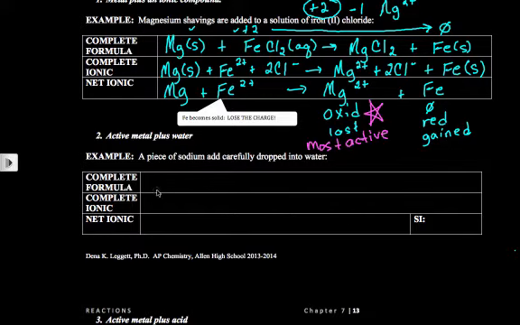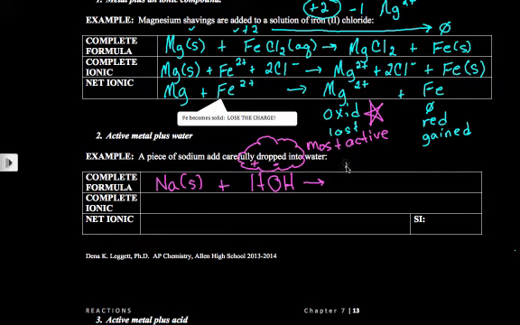Let's take a look at this one. We have sodium. Now, I like to write water in reactions as HOH. When sodium is dropped into water, you can think about water. You don't want to write it this way. You can't dissociate water, but you can think of it as an H plus with an OH minus.